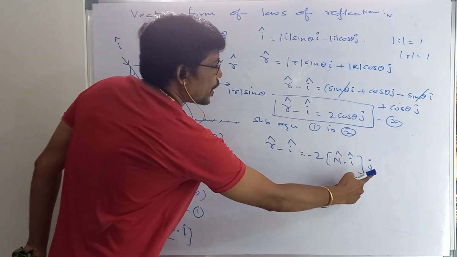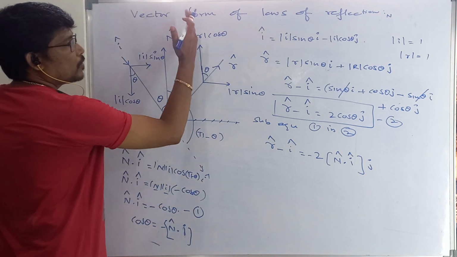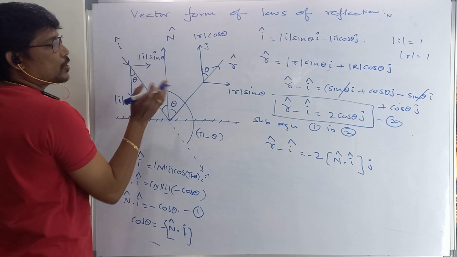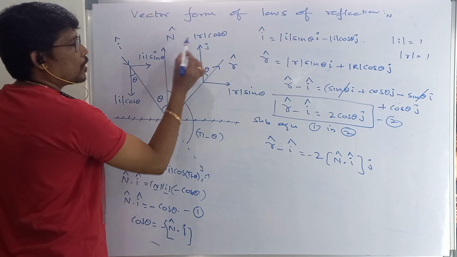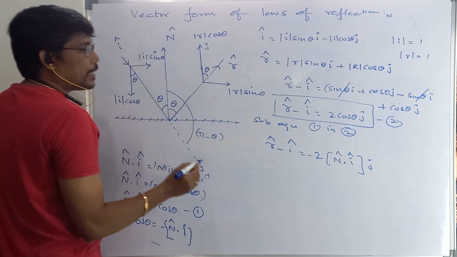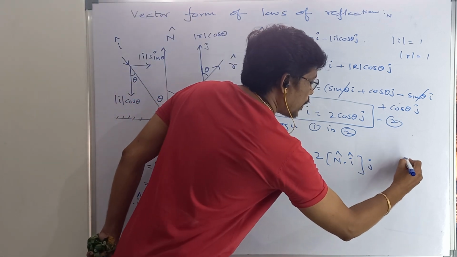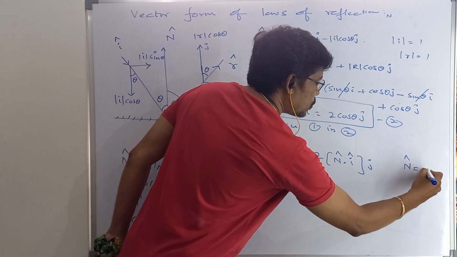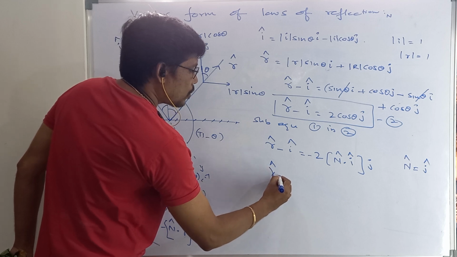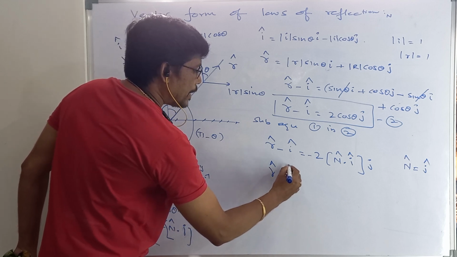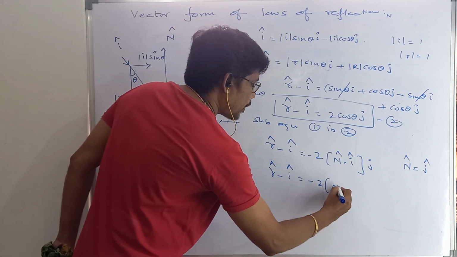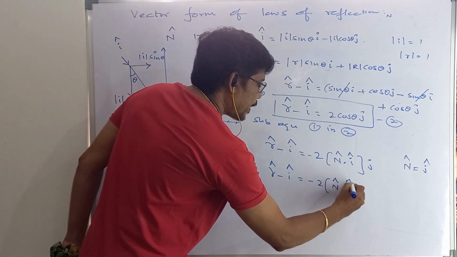Now see this j cap is in this direction, and n cap is also in the same direction. You clearly observe the j cap is upward direction and this one is also upward direction, that is y direction, both are. So I can write unit vector n cap is equal to j cap.